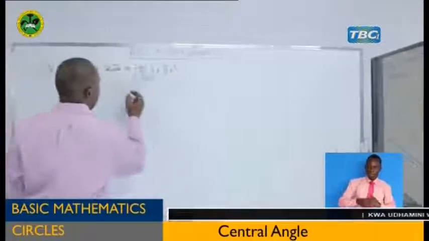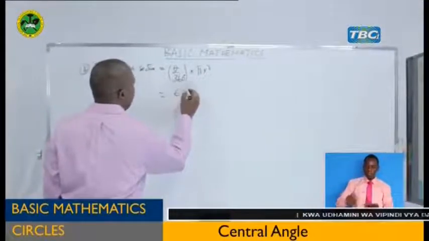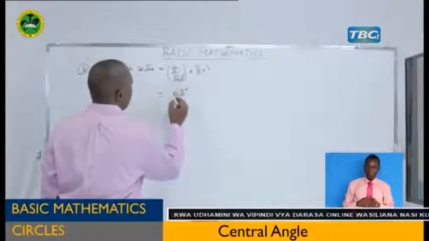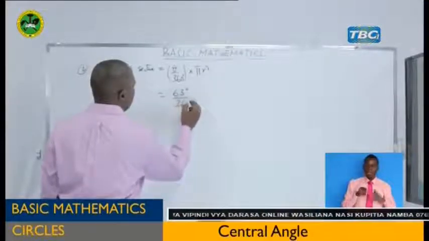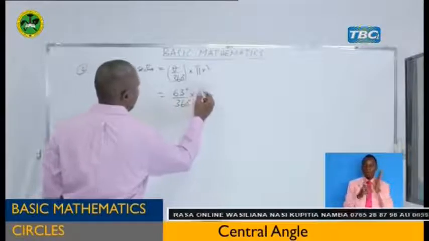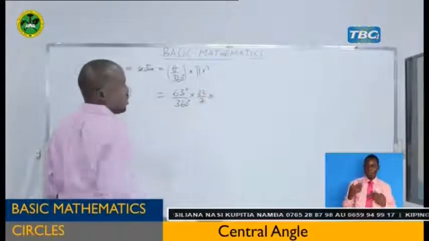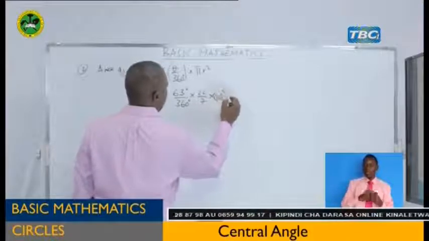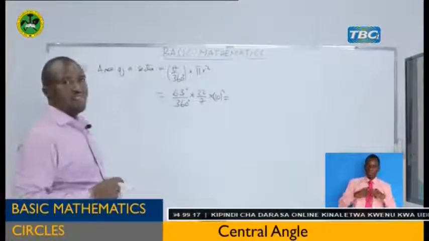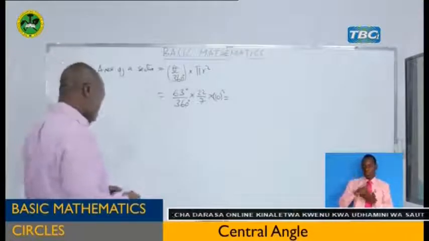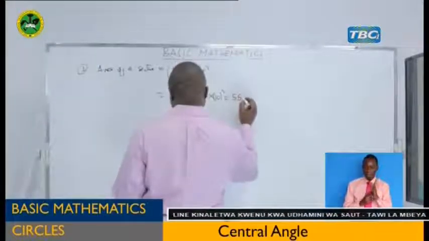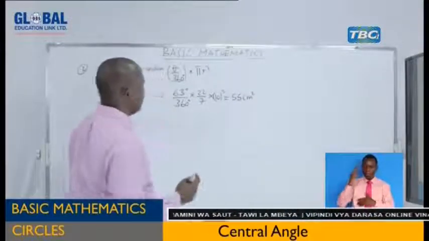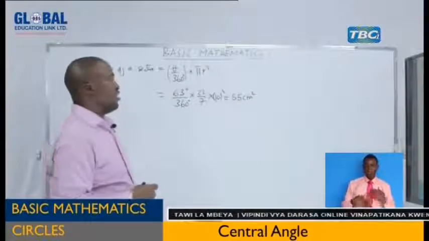So in this case we have 63 degrees over 360 times 22 over 7 times radius 10 squared. So the area of a sector is equal to 55 centimeters squared.